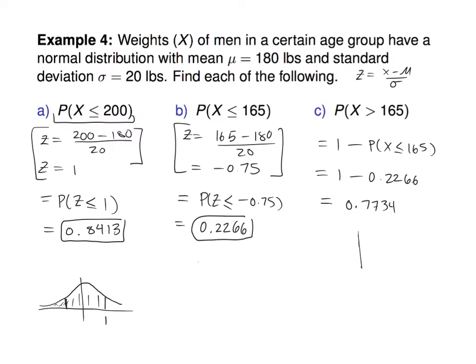And I think to know you have to complement, it might be helpful to say for yourself, I'm at 165, and if I'm bigger, I'm looking for this side, therefore I must complement. And your book is often helpful like this, they'll give you something in part B that you can use for part C. Does that make sense? We didn't have to redo the whole z-score thing because we had the z-score for 165.